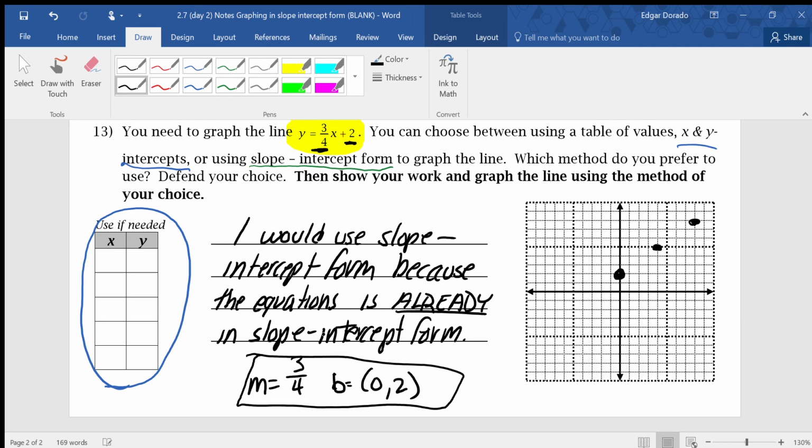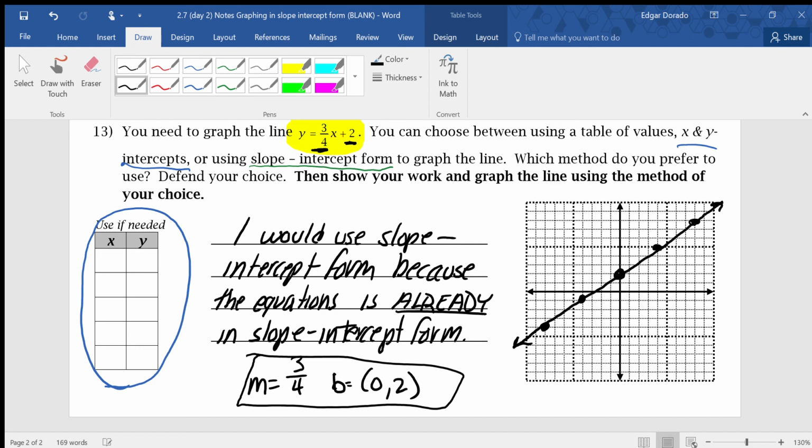Or the exact opposite: down 3 and to the left 4. Okay? So now I'm going to take another color and draw a straight line right through those. Now I have officially graphed it.